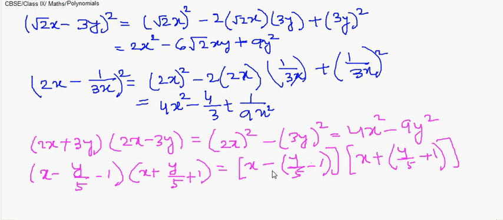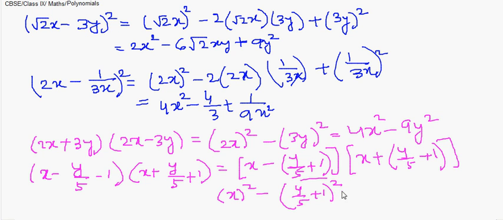Because this is also giving us a plus, so this will be a plus, because plus minus, that is minus here. Now we see this is x and this whole thing becomes y, so it becomes x square minus this whole y square.